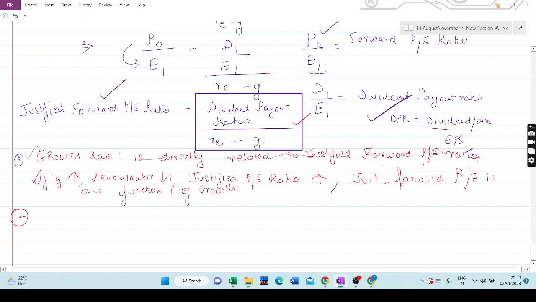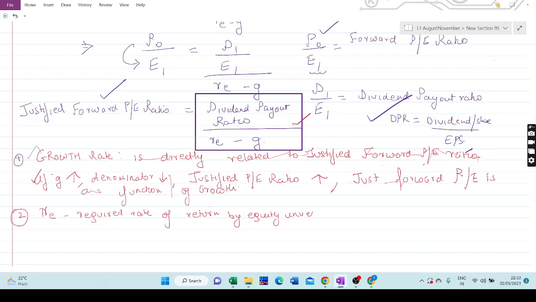Okay, now please write RE, required return by equity investors. Guys, higher the RE, higher the denominator.